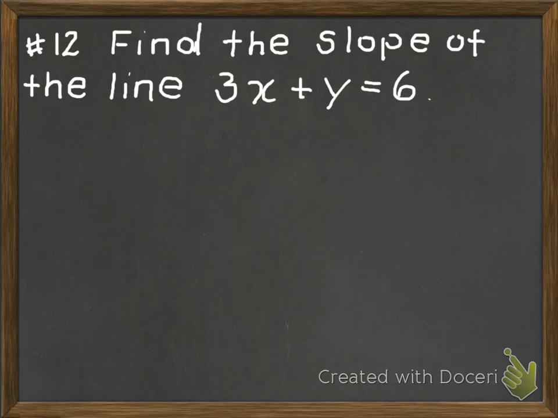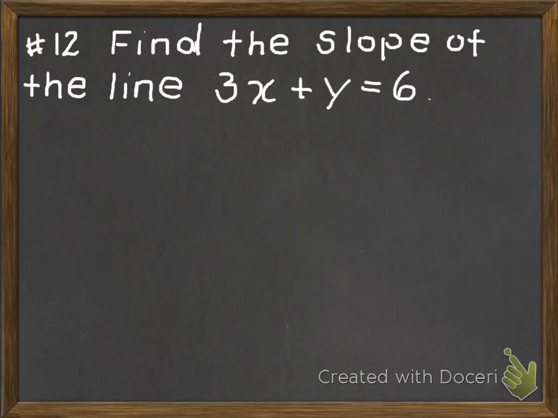Number 12. Find the slope of the line 3x plus y equals 6. Now this line, as it's given, is in standard form. Be careful. When a line is in standard form, that does not make the 3 on the 3x the slope. You must first put the line in slope-intercept form.